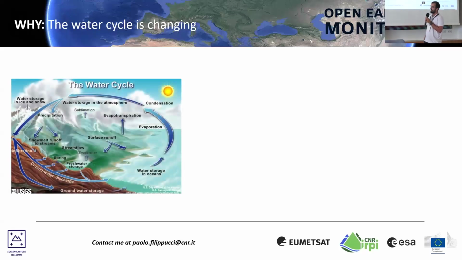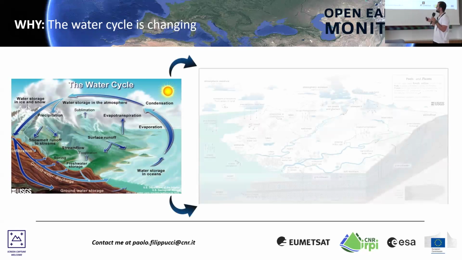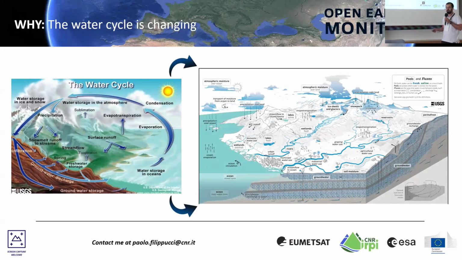So why? We have just seen something very similar in Jacobo's presentation, the water cycle, that is not the same as when everyone here studied at elementary school, because we are changing it. There are a lot of processes. There is the precipitation, the irrigation that is always more distributed, that is making a lot of local changes.